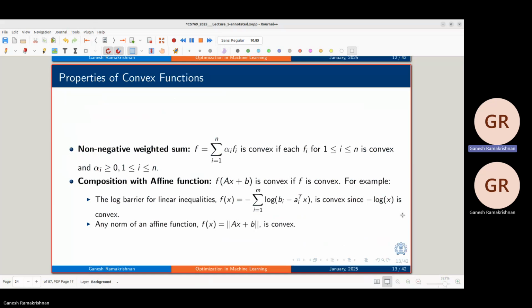exp and minus log are convex, and we'll see why they are convex using more ammunition a little later. But for now, assume that these are simple functions.